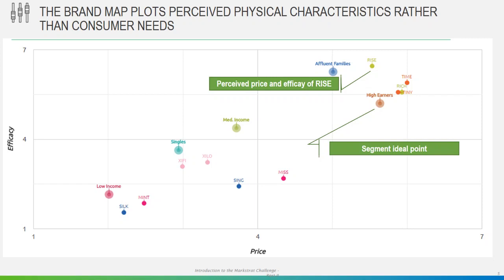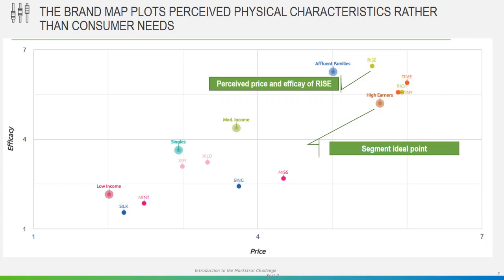In addition to these perceptual maps, we also have what we call brand maps. Instead of looking at overall perceptions, we're looking at desires, and how well the different brands meet these particular desires.